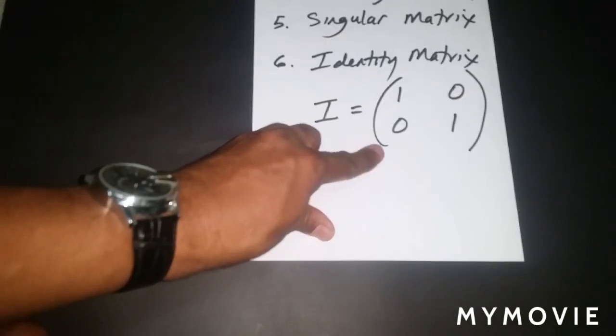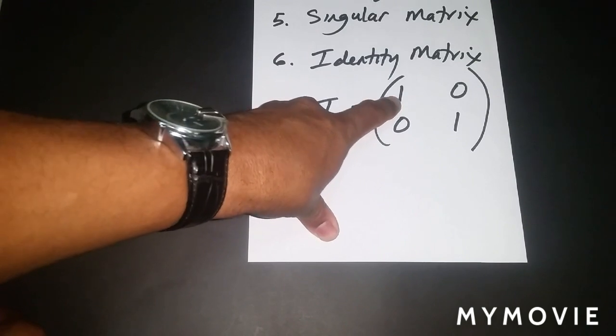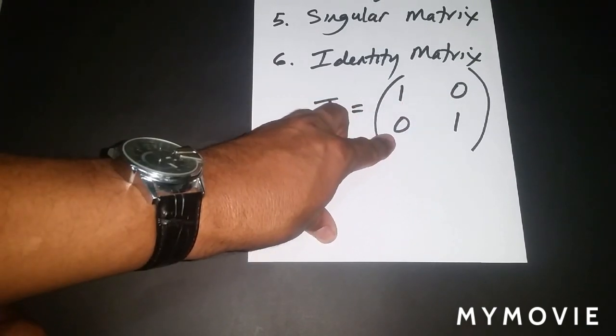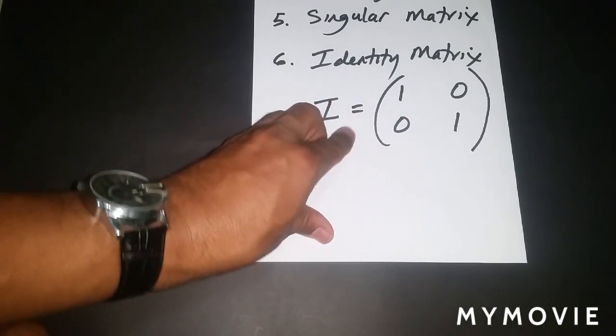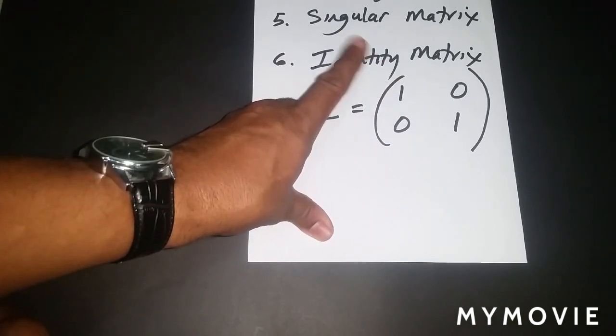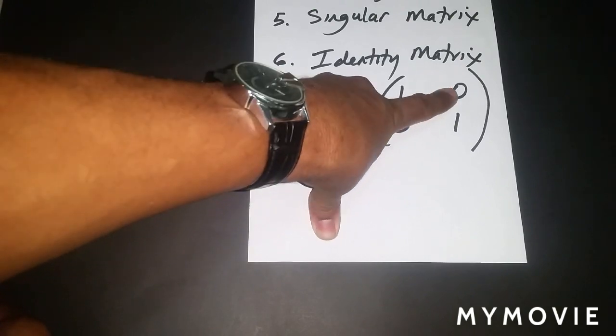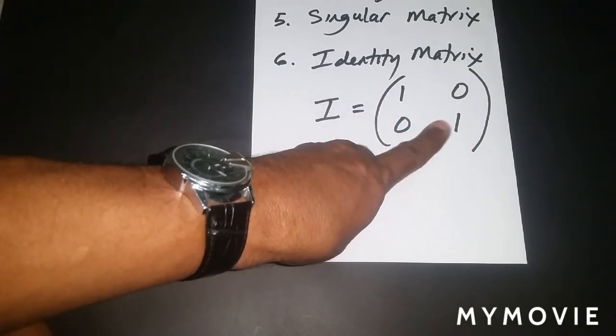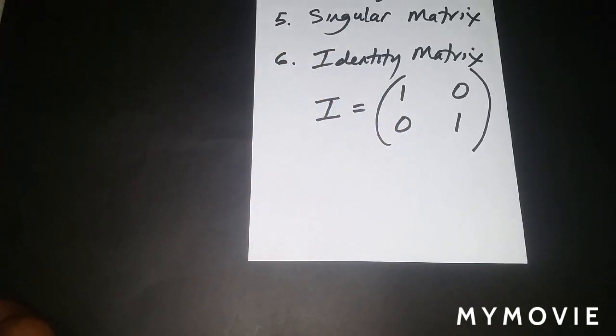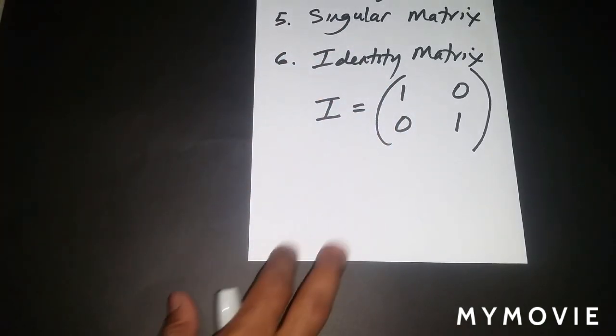So this is a special matrix where 1 comes here, 0 comes here, 0 comes here, and 1 comes here. Any other arrangement than that, it wouldn't be classified as identity matrix. So for example, if this were 0 and this were 1, that wouldn't be the identity matrix. This specific matrix is referred to as the identity matrix.